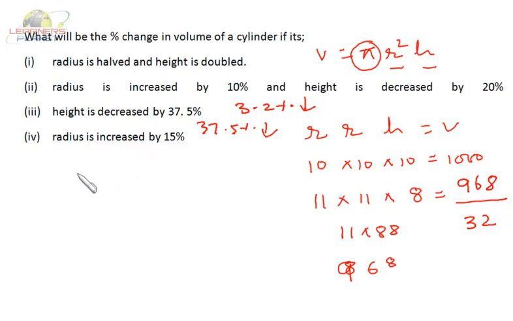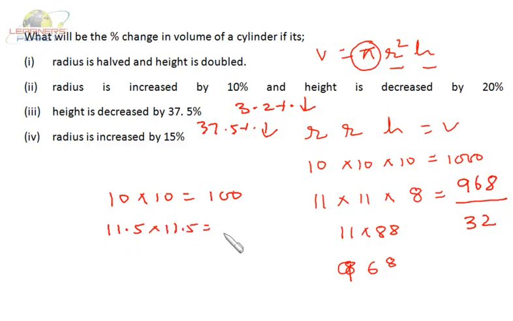Now in this case, if radius is increased by 15% and there is no change in height. So further, since radius is a square function, the initial volume is based on 100 and the new one, that is a 15% increase, is 11.5 into 11.5.